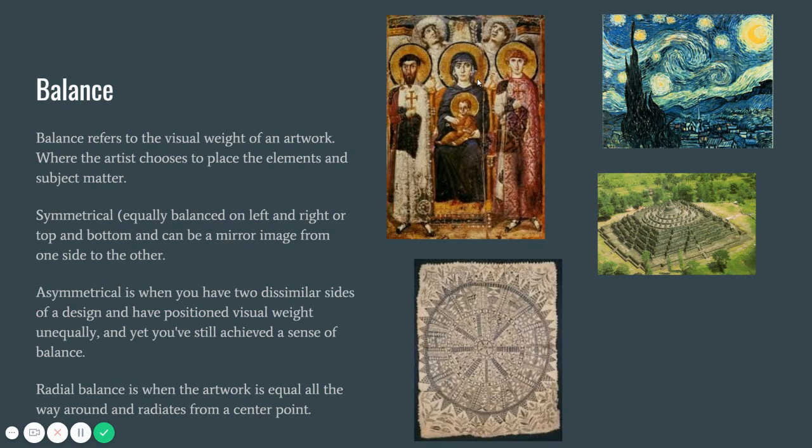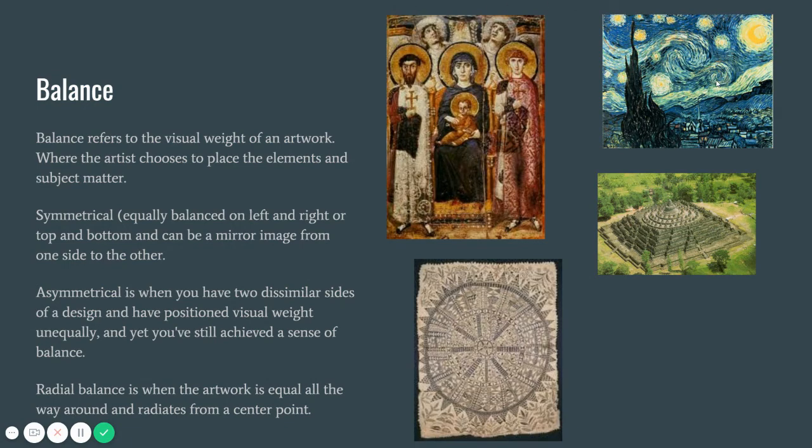The next is asymmetrical, okay? That is when you have two sides that are kind of dissimilar, and they have opposite visual weight, but at the same time, they have still come together to bring a sense of balance.